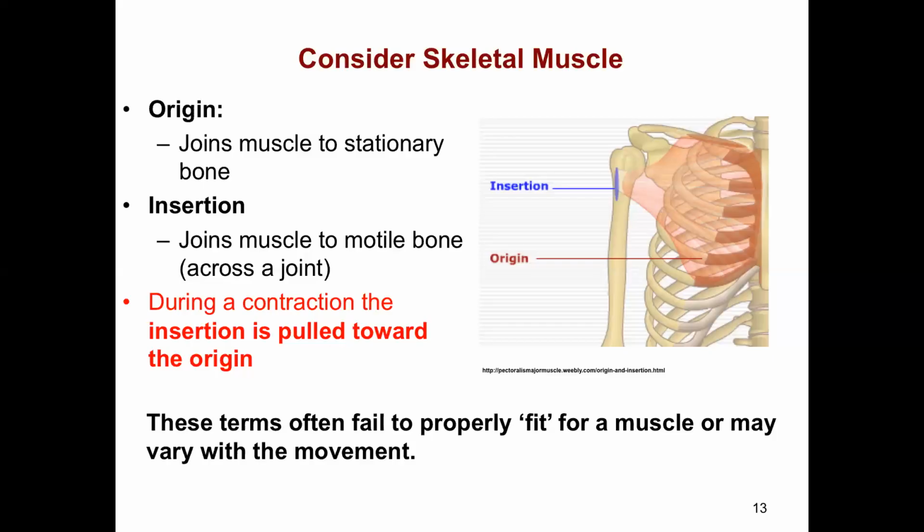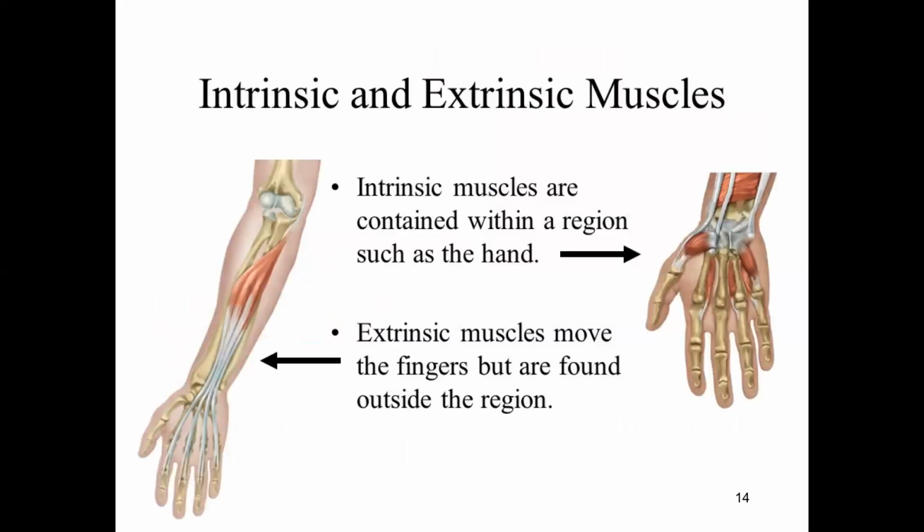All right, other terms, intrinsic versus extrinsic muscles. So intrinsic means within an area, right? So the intrinsic muscles of the hand, for example, which are being used as the example on the slide, are muscles that are in the hand that are responsible for movement of the hand. But when you're talking about the body, you can have muscles that are outside that region that also influence movement of that part.